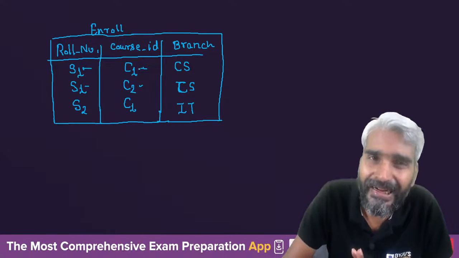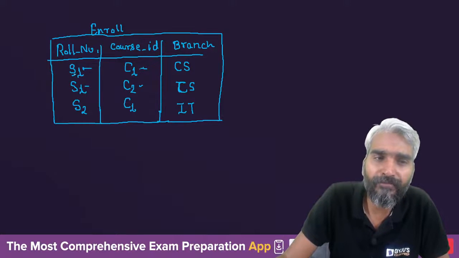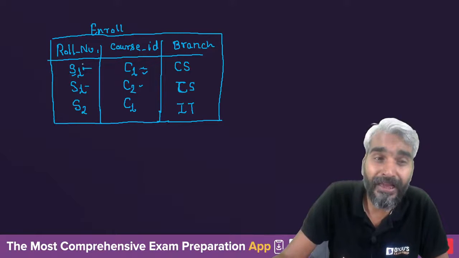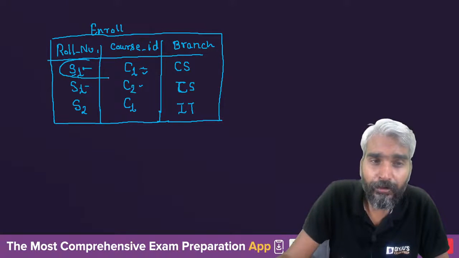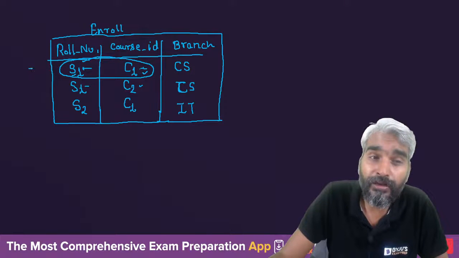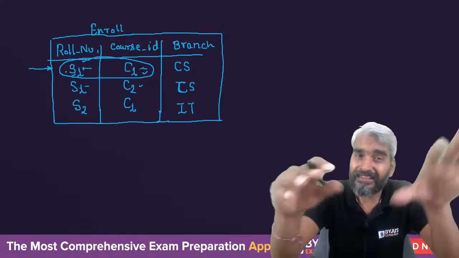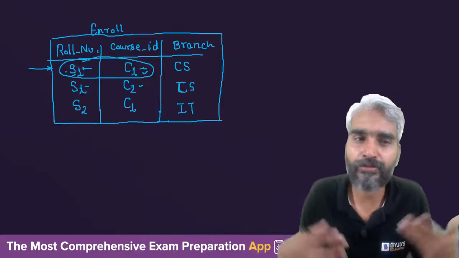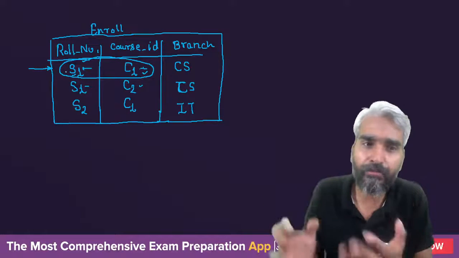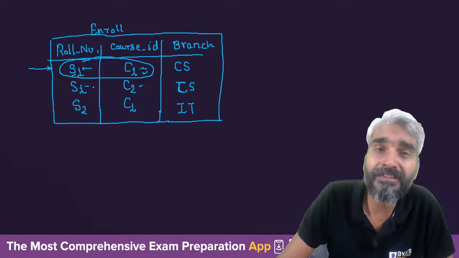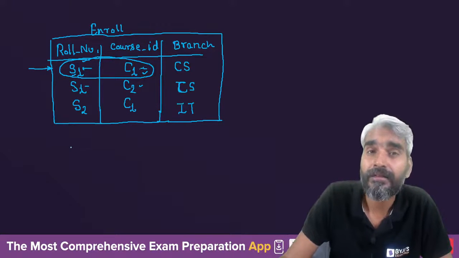So if you know the roll number and the course ID, then the value that S1 has enrolled for C1 will not appear anywhere else in the table.